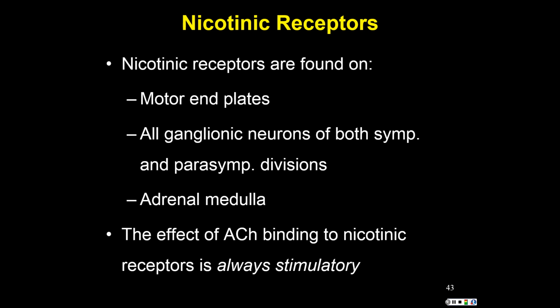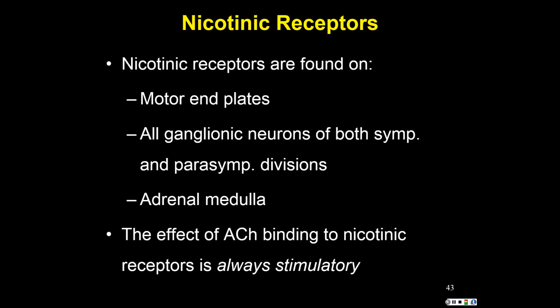The nicotinic receptors we'll find noted, it says motor end plate. That's just the part of the skeletal muscle where these nicotinic receptors are located. Again, we'll better illustrate that in chapter 12 in unit 3. As well, the second bullet, something called ganglion neurons of both the sympathetic and parasympathetic subdivisions.